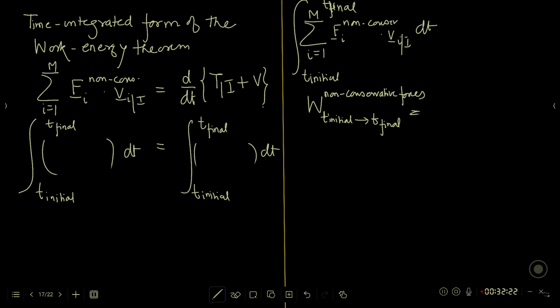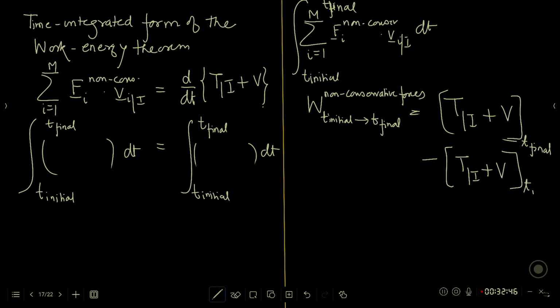That equals T plus V final minus T plus V initial.